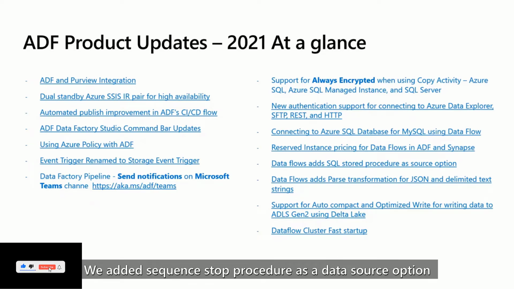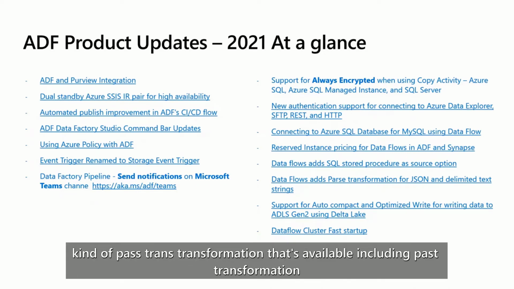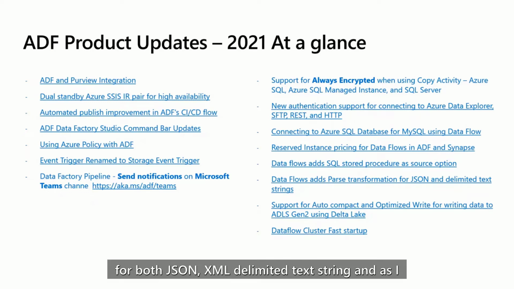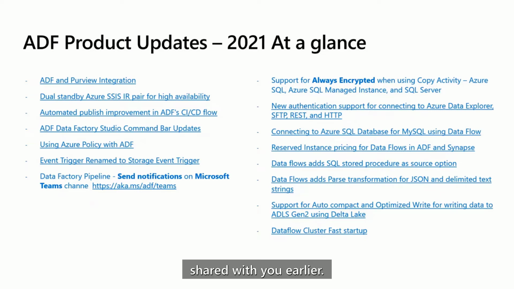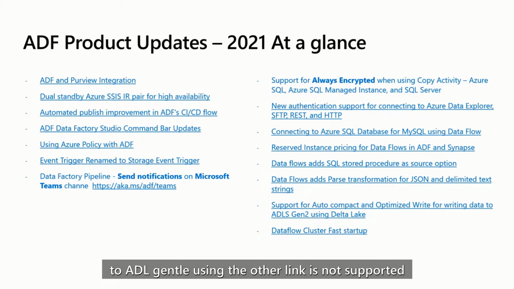We added SQL stored procedure as a data source option for data flows. And we're continuously making progress in the kind of parse transformation that's available, including parse transformation for JSON, XML, and delimited text. And as I shared with you earlier, support for auto-compact and optimized write for writing data to ADLS Gen 2 using Delta Lake is now supported out of the box.